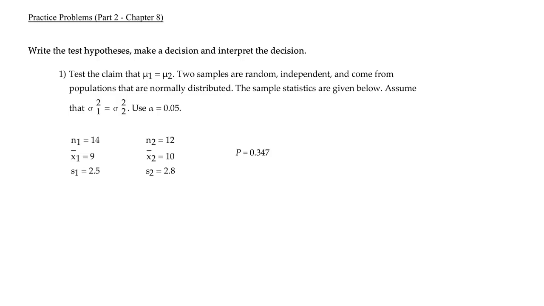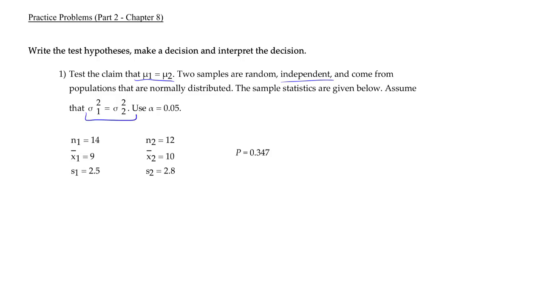So let's see. Test the claim that mu1 equals mu2, so that the population means of the two are equal. Two samples are random, independent, and come from populations that are normally distributed, and we're given the sample statistics below.